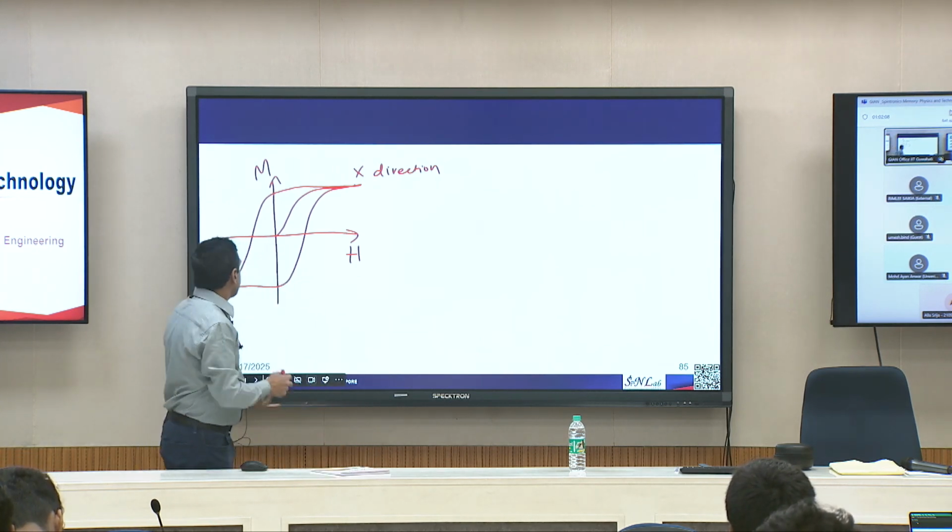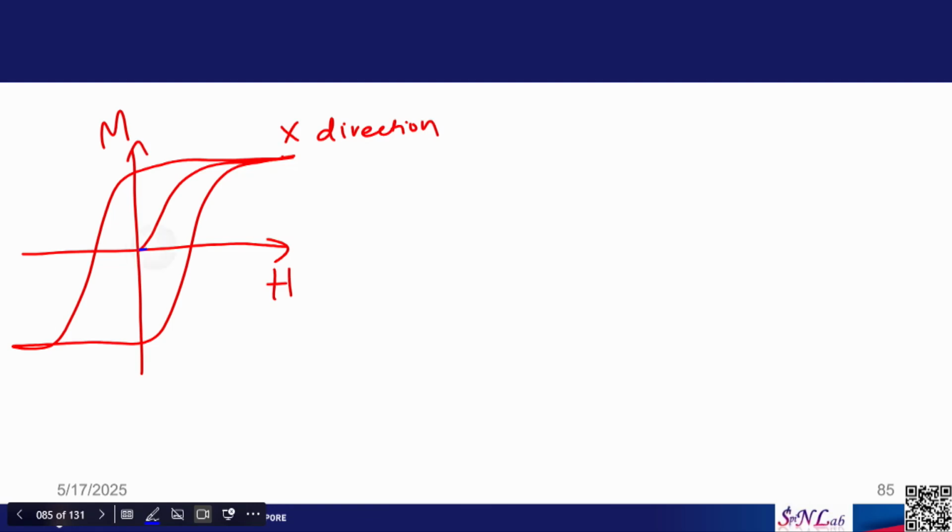Now my hysteresis loop, let us say, looks something like this. You can notice a few differences. Firstly, in the x direction I needed a much smaller field, so somewhere here I can reach saturation, whereas in the y direction I need much more magnetic field to reach saturation.